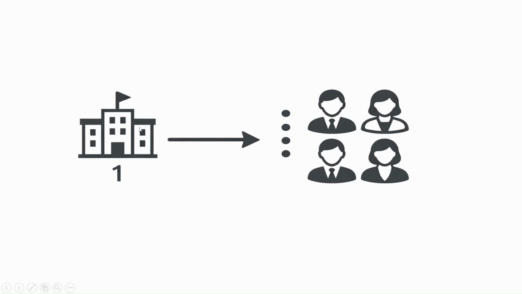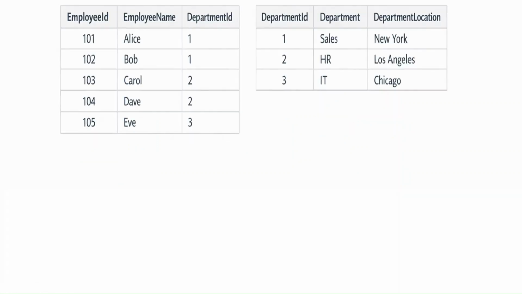You can see we have one department and many employees. If we design this, we can create these tables: employee ID, employee name, and department ID. This is the department table. You can see we don't need to duplicate these records now. We are not repeating the department name again and again.